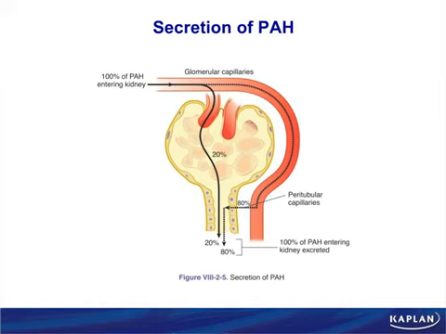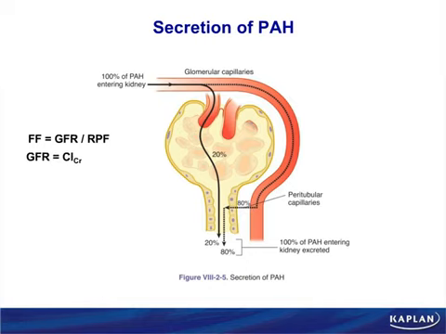So let's take a look at how we could do that. So here's a nice question they can ask you. They can ask you to calculate the filtration fraction. And remember, we said filtration fraction is equal to GFR over renal plasma flow. GFR, we haven't calculated yet, but I'm sure you know, to calculate GFR, we will use the clearance of creatinine.